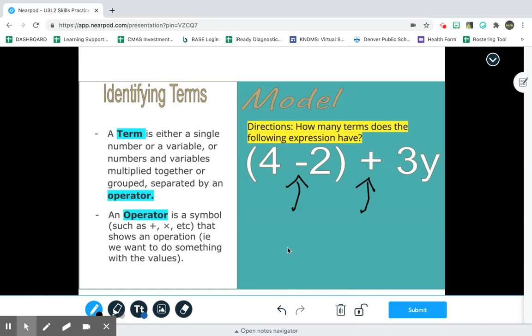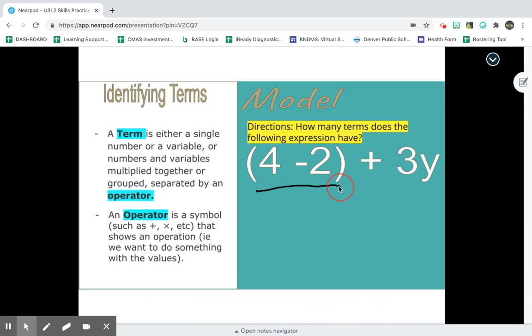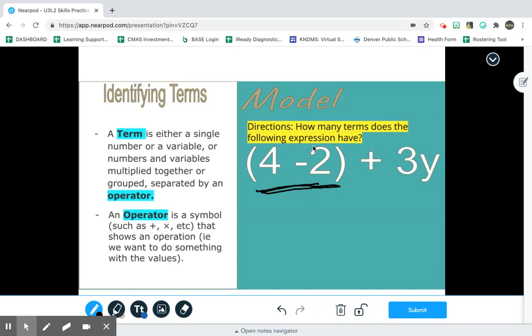One thing we want to be careful with is this being considered an operator. And the reason for that is that this expression right here, by itself, is actually grouped together. The parentheses group this together and actually make it one term. So we don't really have to focus on this operator because the parentheses actually group it together.